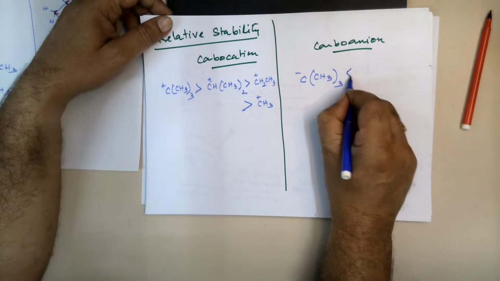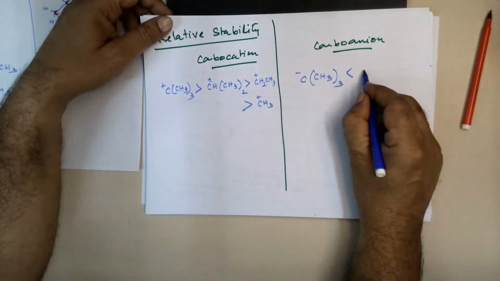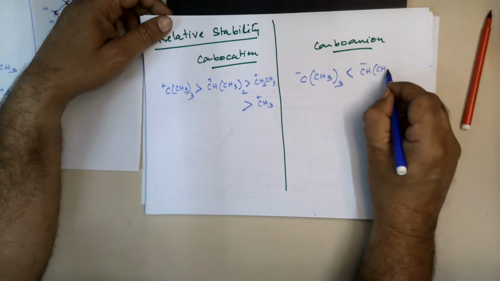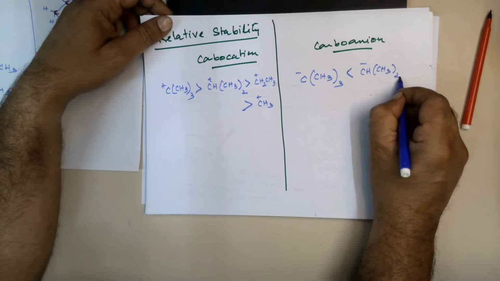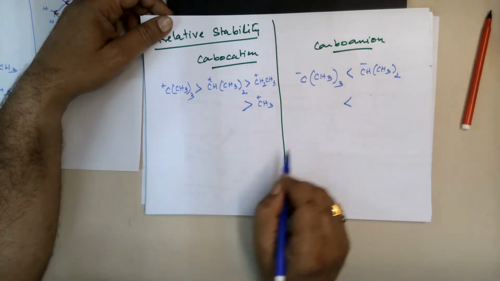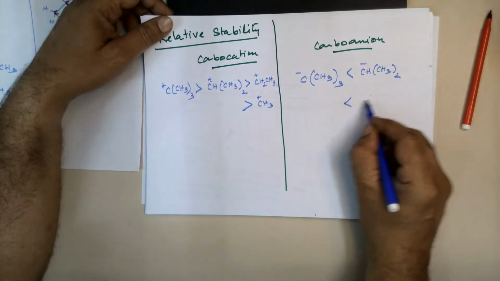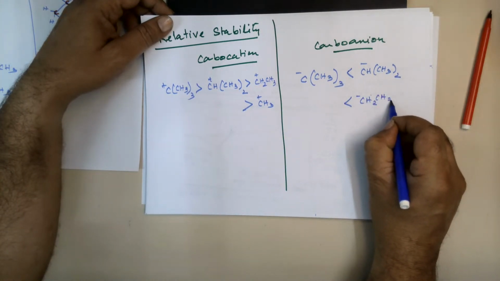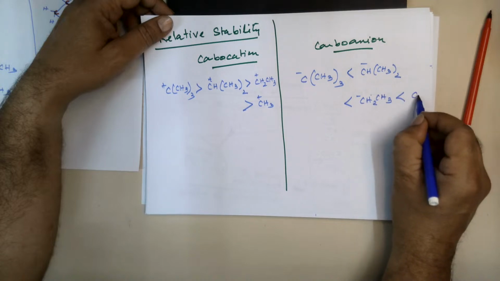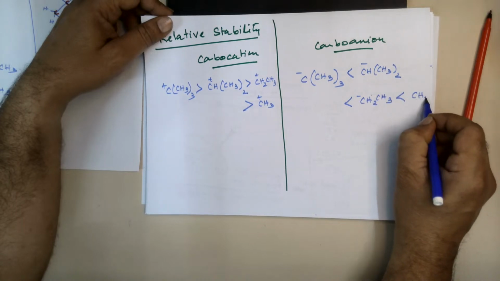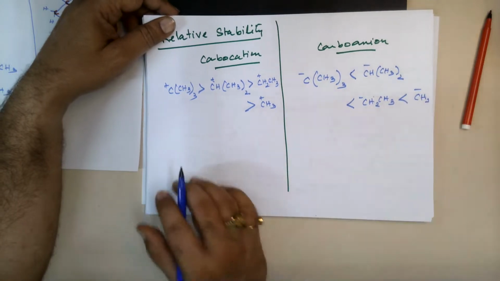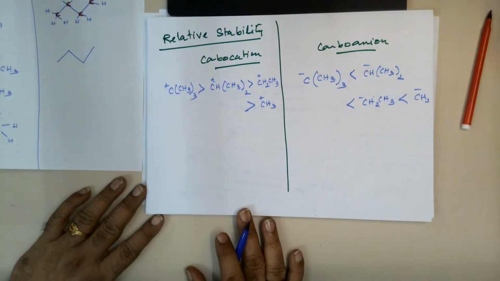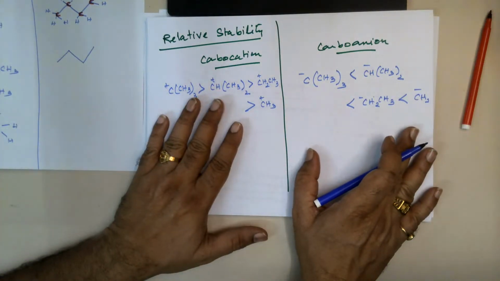So you can put less than, and then CH minus, this is secondary, CH3 twice, that is less stable than CH2 minus CH3 primary, and that is less stable than CH3 minus. So you have to be thorough with this. You have to learn it by heart.